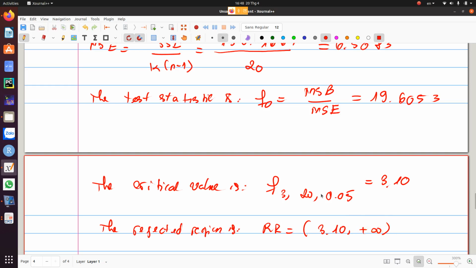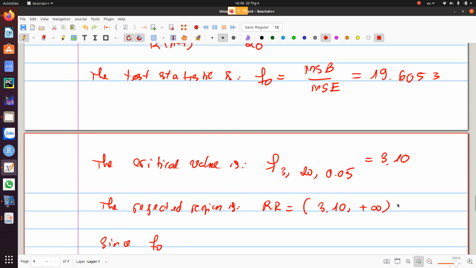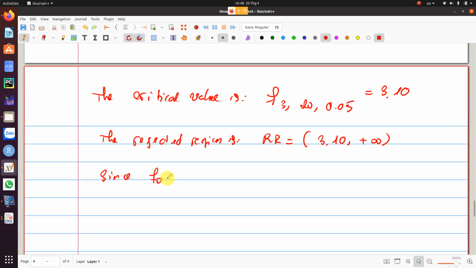So now what conclusion? We see that since F0 is 19.60, F0 belongs to the rejection region. If F0 belongs to the rejection region, we confirm that H0 is rejected.